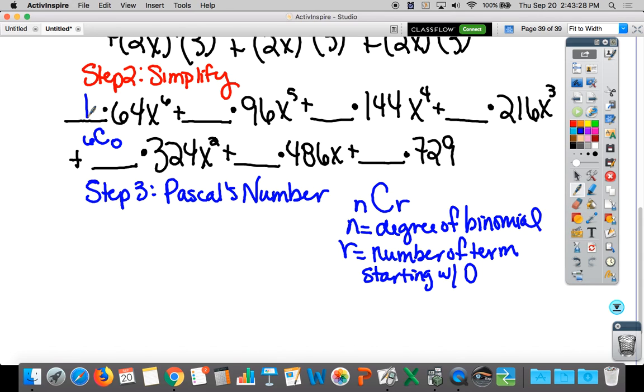This one would be 6C. So if that's the 0th term, this would actually be the first term. So do 6C1 right there. This one would be 6C2.